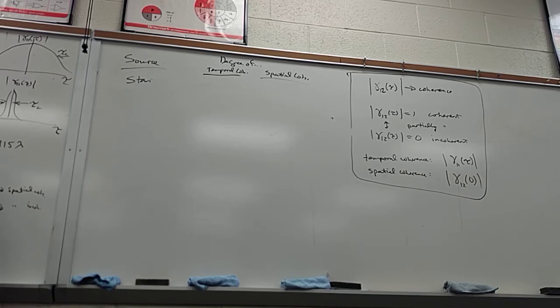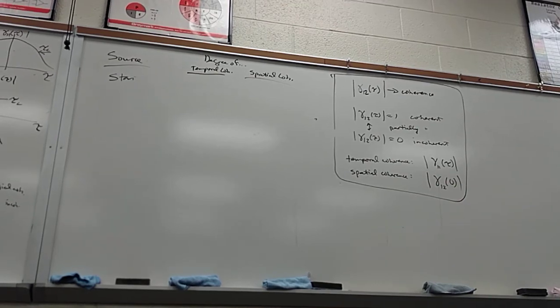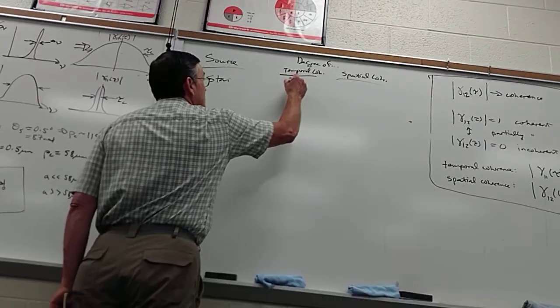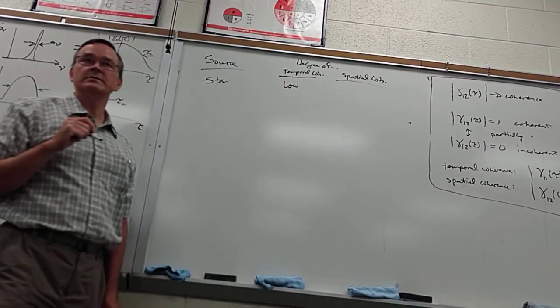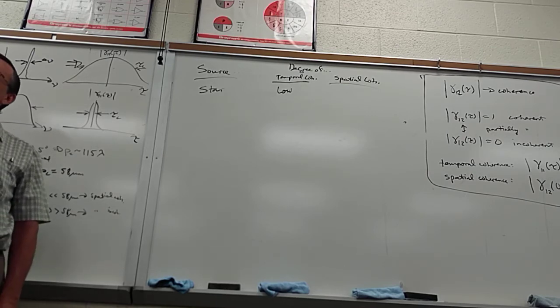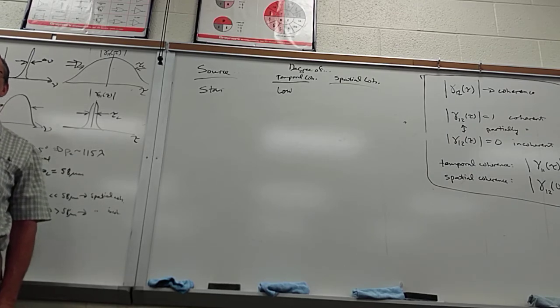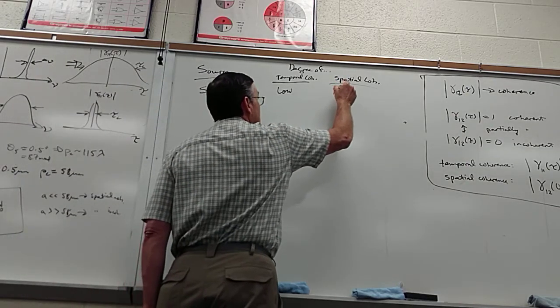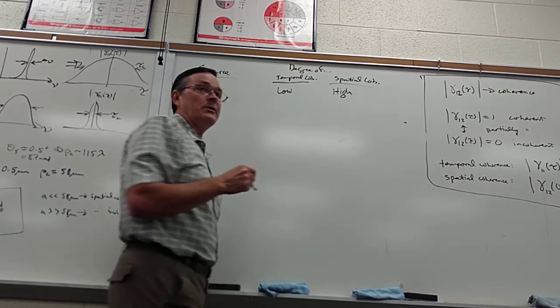Light from a star, is it broadband or is it narrowband? Broad. So temporal coherence would be high or low? Low. Now what about spatial coherence? Really high, because the angle subtended by the star is so small. So this would have a very high degree of spatial coherence.